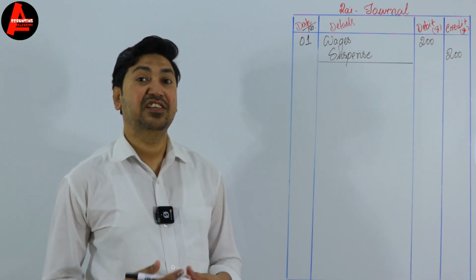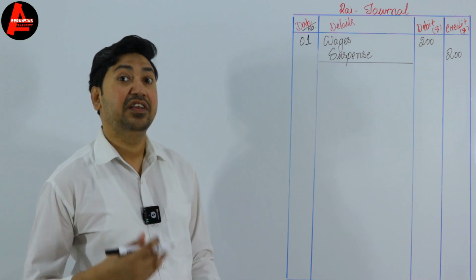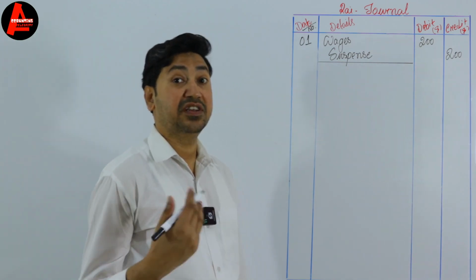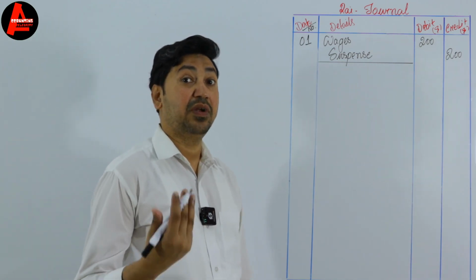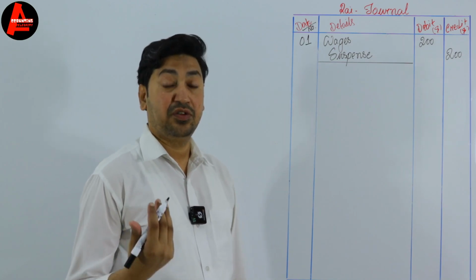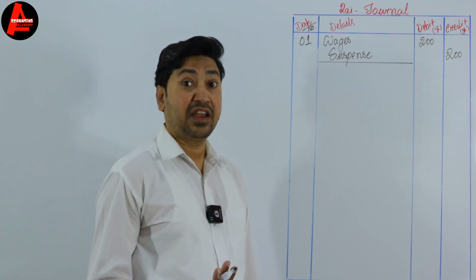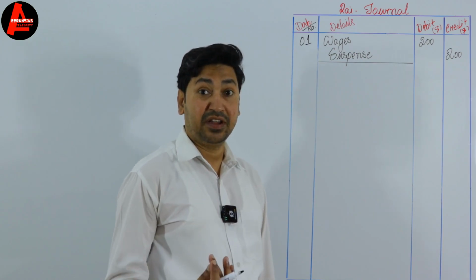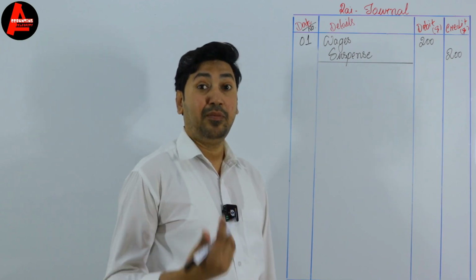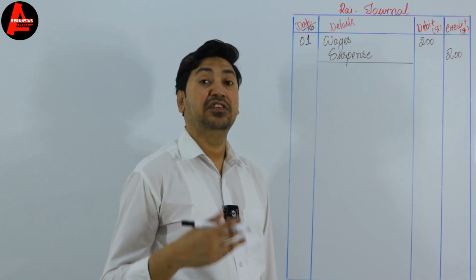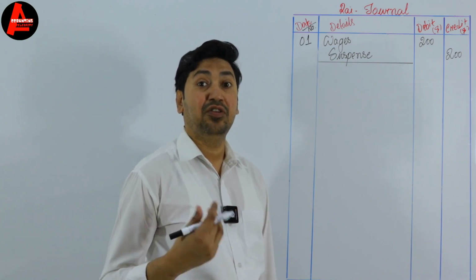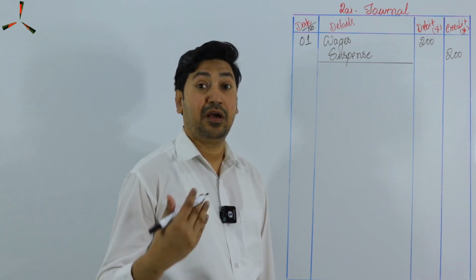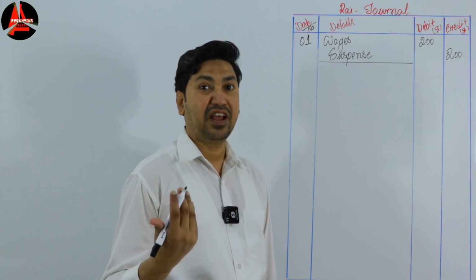So what is the correct journal? Here purchase is debited. Purchase is an expense, and an expense is a normal debit account, so the expense will be debited. Stella is a supplier, so Stella is a liability for this business. The liability is increasing, so the increase in liability will be credited, because a liability is already a credit account.